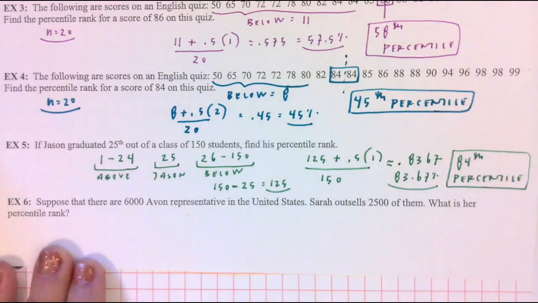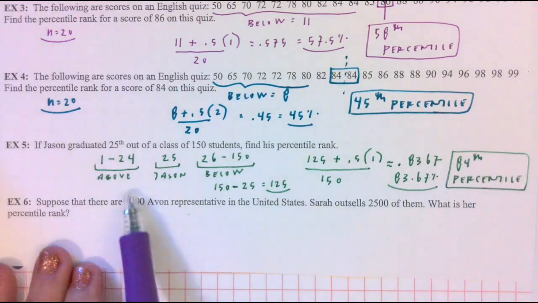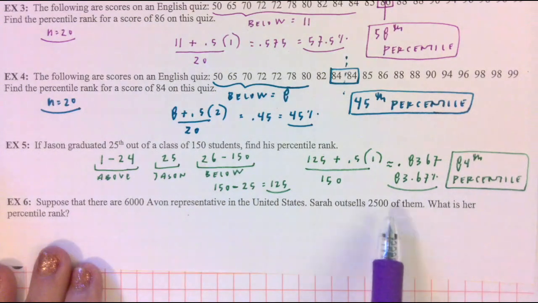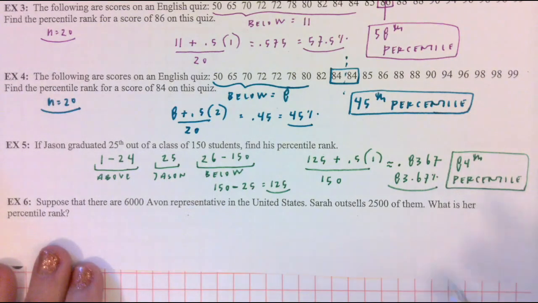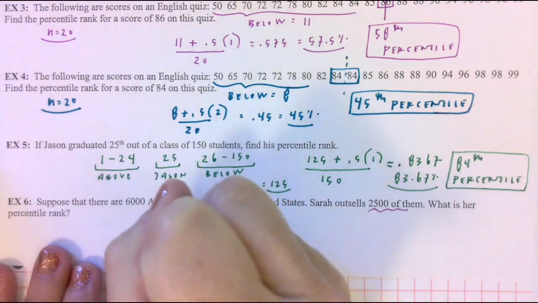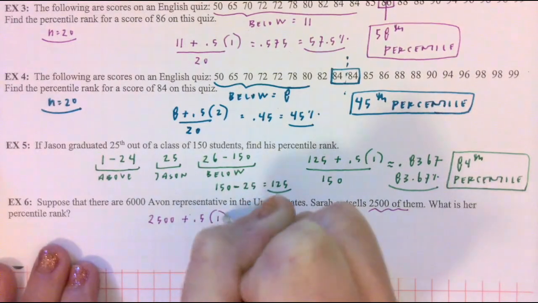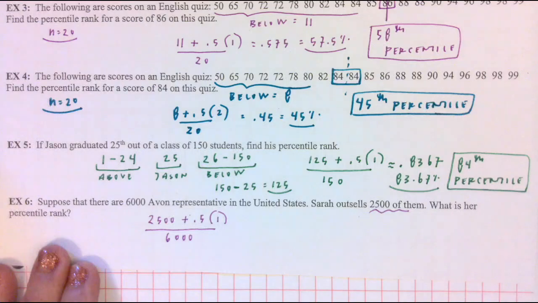All right, last one. Here we're looking at Avon representatives. We're saying there's 6,000. That's just a makeup brand in America. Sarah outsells 2,500 of them. What is her percentile rank? We're given the below because we're told that Sarah outsells 2,500 of them. So there's 2,500 that are below Sarah that she outperforms, plus half of the 1 Sarah, divided by the 6,000 total Avon representatives.